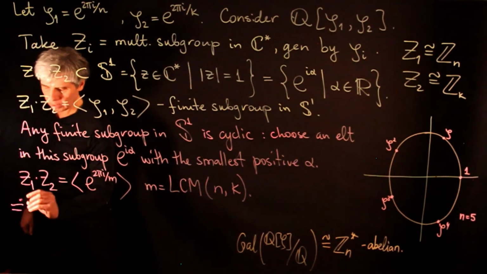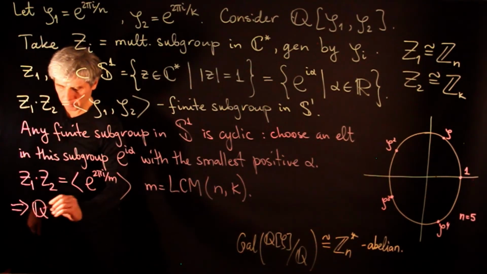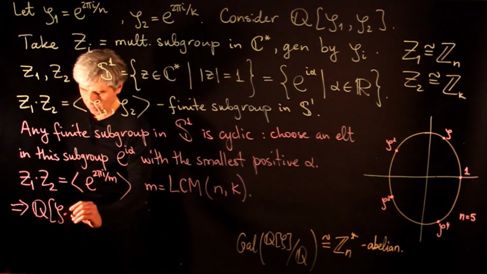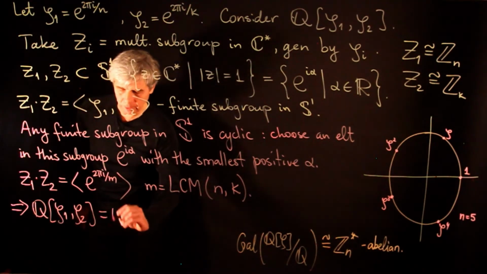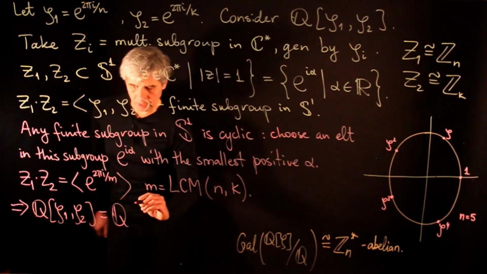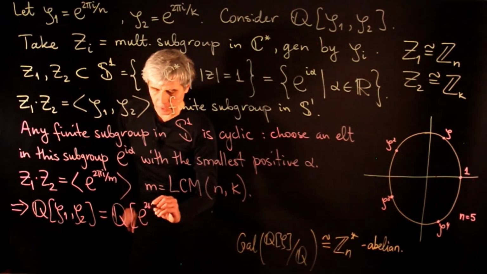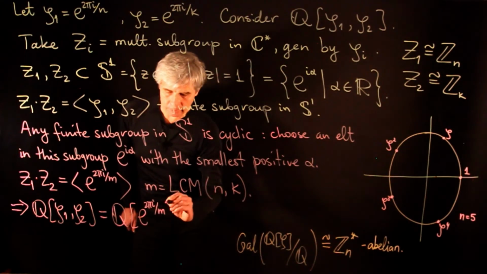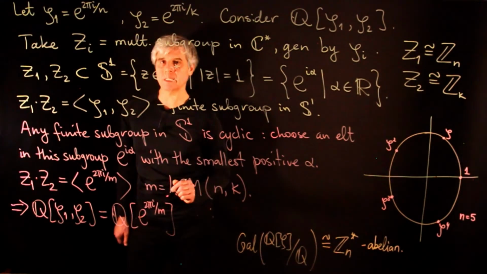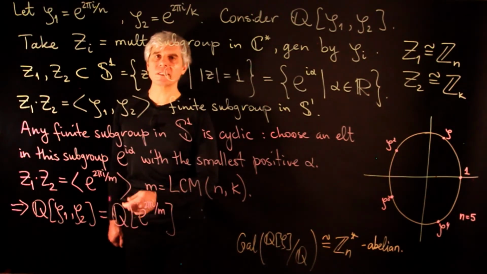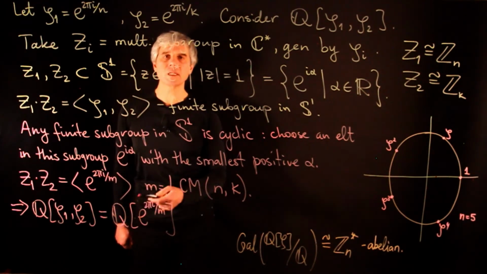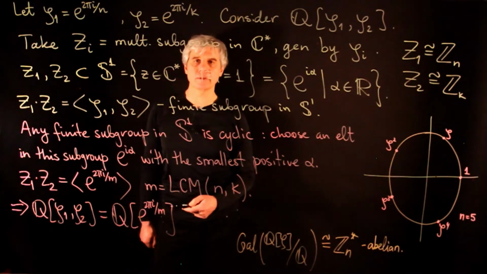And then from here we see that the field obtained from Q by adjoining zeta 1 and zeta 2 is again a cyclotomic field, which is generated by e to the 2 pi i over m, where m is this least common multiple. Likewise, if we add to Q several distinct roots of unity, the result will still be a cyclotomic field.